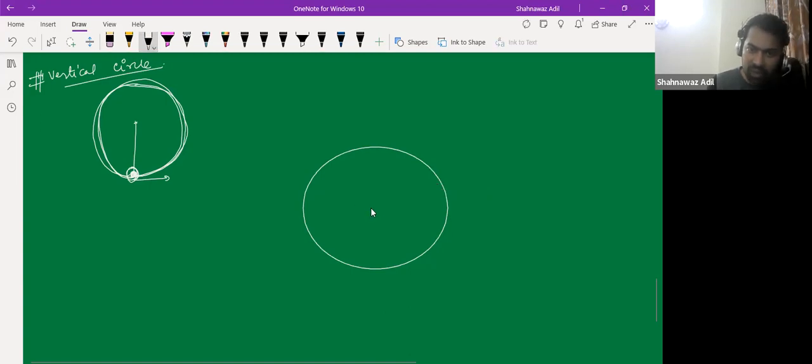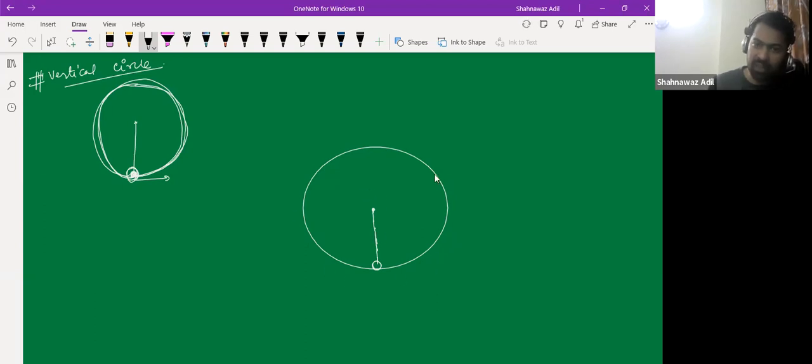We have some center of this circle, and this mass is hanging with this thread. This is the path that I have made, not some ring or something like that.